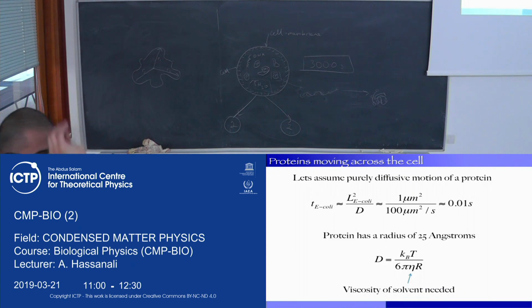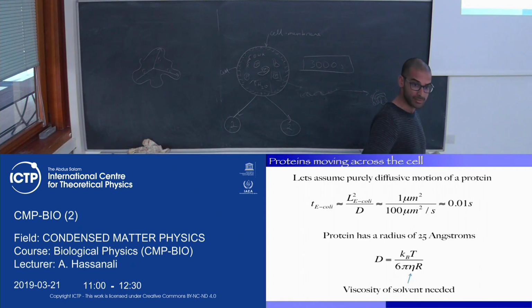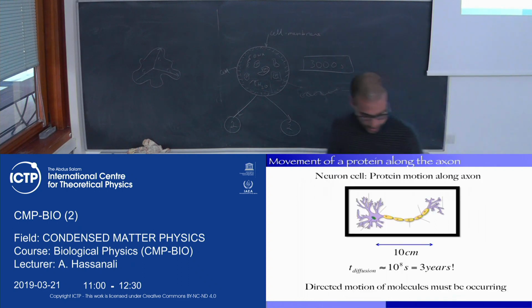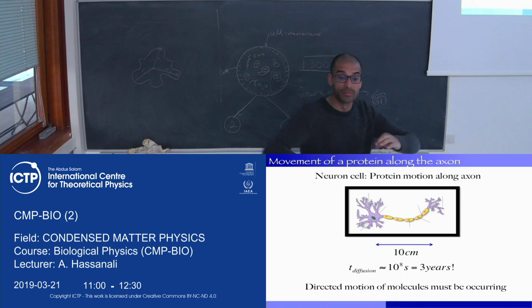Okay, so let's keep that in mind and actually go to a question that you asked. I'm happy that you asked that question because it motivates what I'm going to show you. Let's consider a neuron cell. Neuron cells can be very, very long. They can extend all the way from your foot.